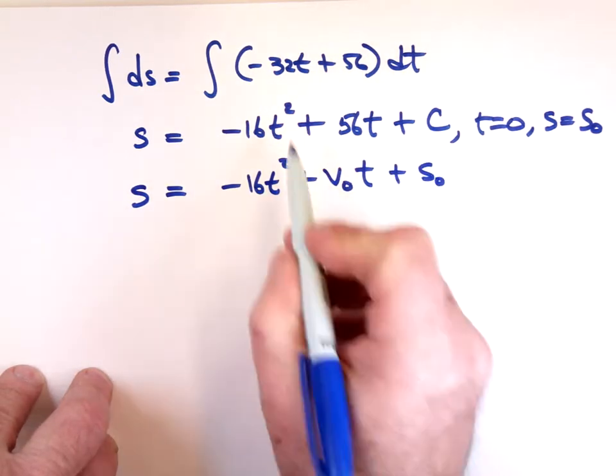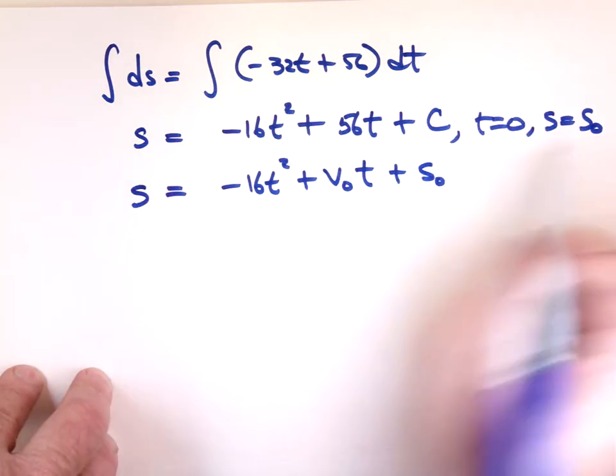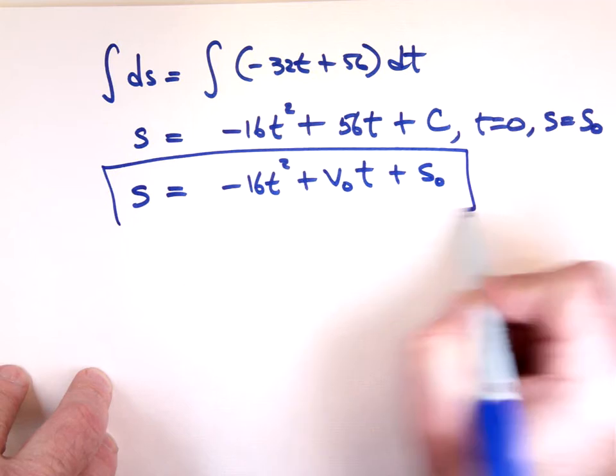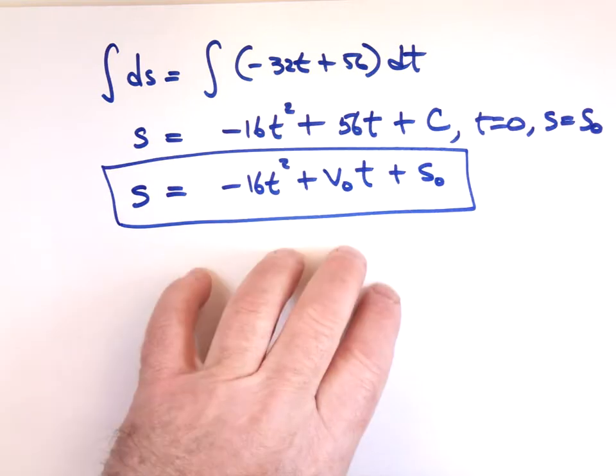Because after all, when t is equal to 0, s is our initial position, s sub naught. This is the general form for position at any time t for one of these kinds of projectile motion problems. This is a projectile motion problem where you're s sub naught feet above the ground, and you throw something up with initial velocity of v sub naught. This will give you the position at any time t.